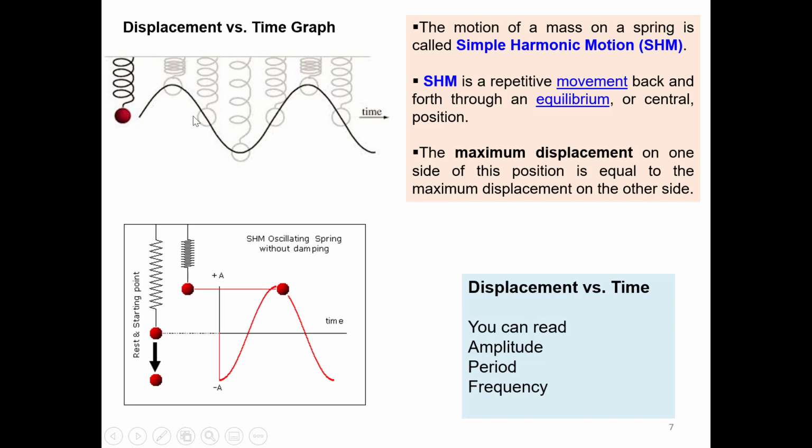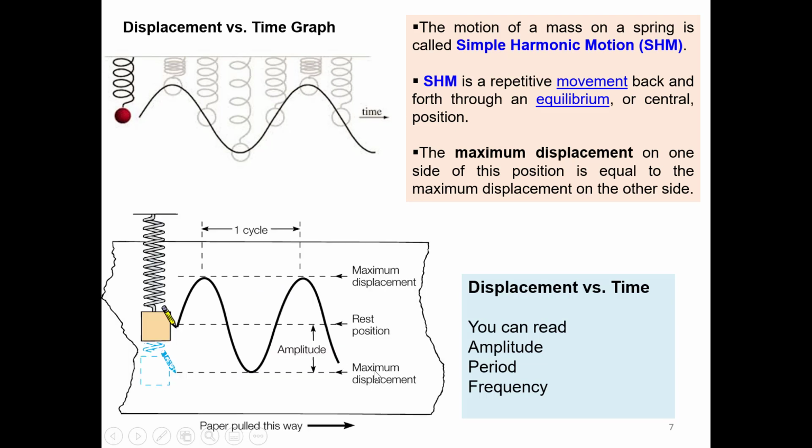Then if we put all the pictures together, what we will see is this graph. It shows how this spring is moving back and forth through time, around the equilibrium position. And finally, we will have a graph like that.